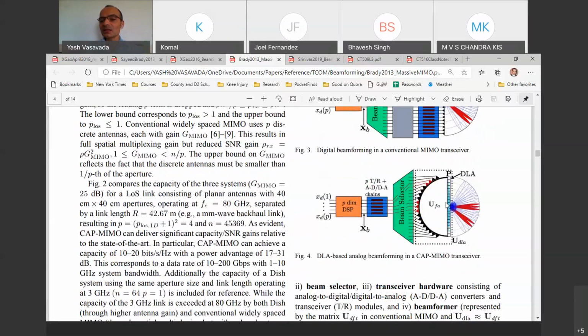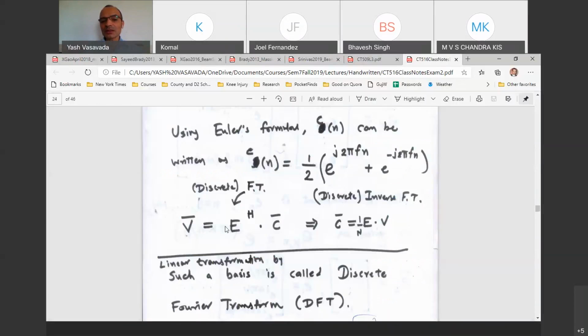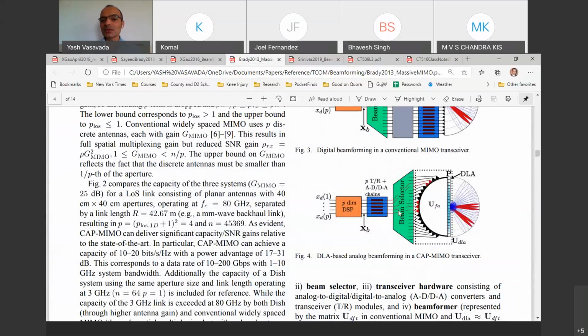By this discrete Fourier transformation, essentially zeroing out most of the elements of vector V, these authors have been able to reduce the RF requirement. So that is a recurrent theme in a lot of these papers.